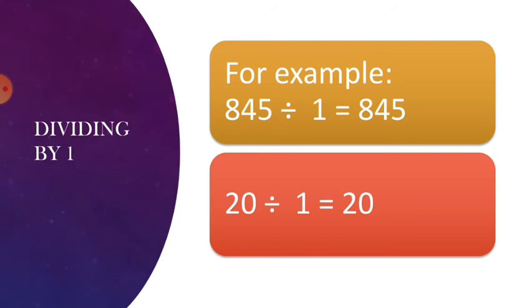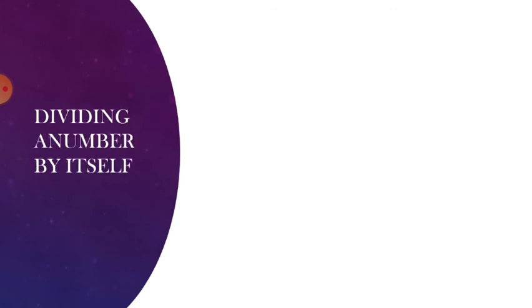Now second example, if we take 20 and divide it by 1, we will get 20. So it means if we divide any number by 1, we get the answer as the number itself.